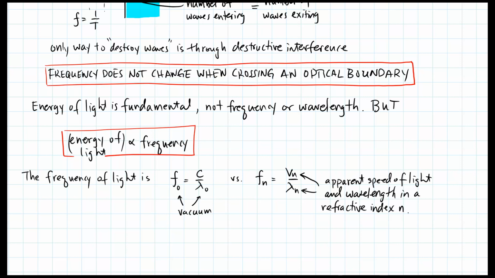In vacuum, which I've labeled with the naught here, f naught will equal the speed of light, c, divided by the wavelength in the vacuum. However, in a medium, the apparent speed of light and the wavelength are dictated by the symbol n.